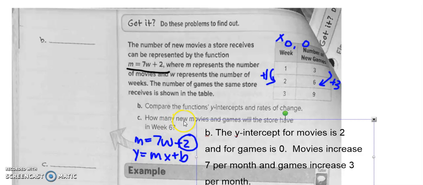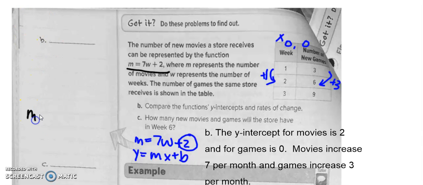And how many new movies and games will the store have in week 6? So this is going to involve us doing the same thing we did in the last one, extending the table and then actually using that equation. So if I plugged in 6 weeks for my equation, I would have m, I don't know why I'm saying y, it's m.